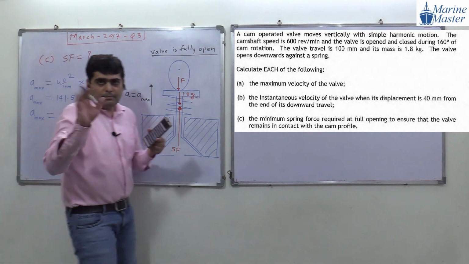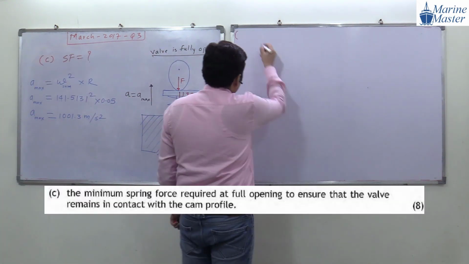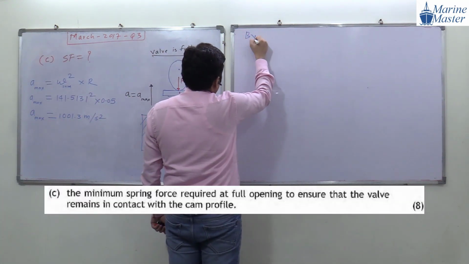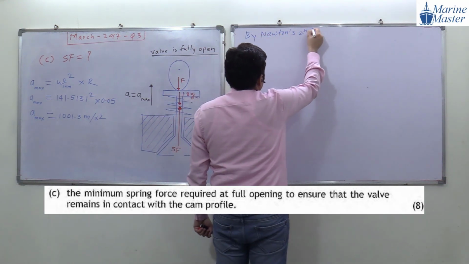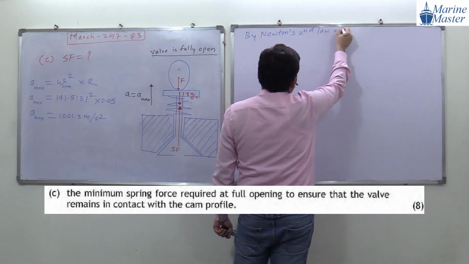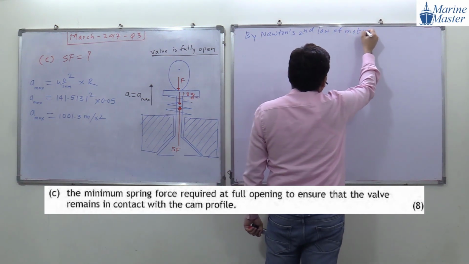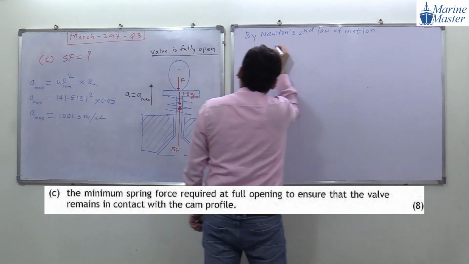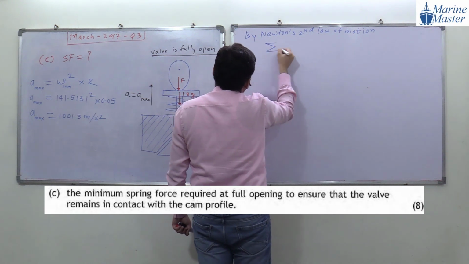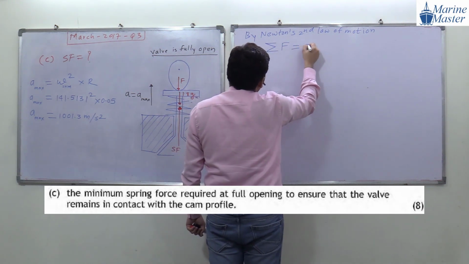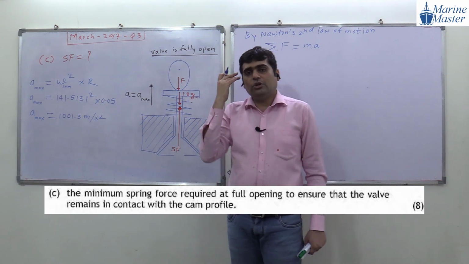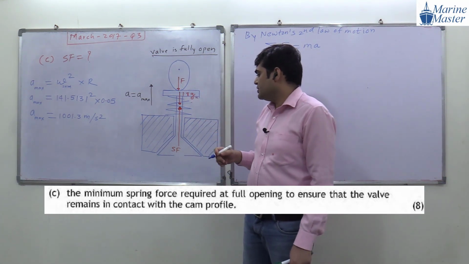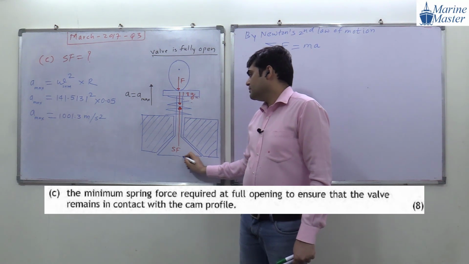Now by Newton's second law of motion, everyone try to see the scenario here. What is Newton's second law of motion? Summation of force is equal to mass into acceleration. So what are the forces here?